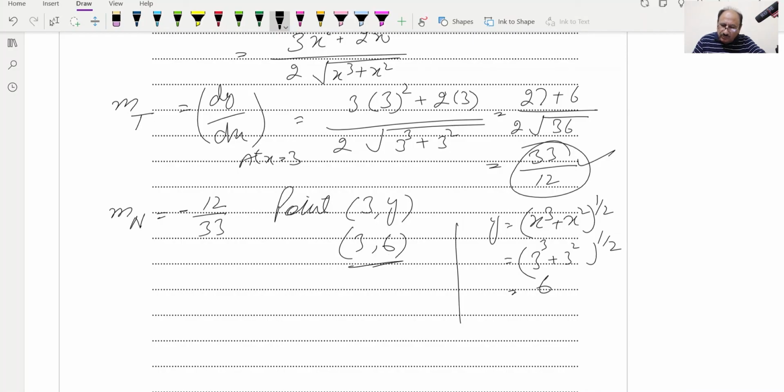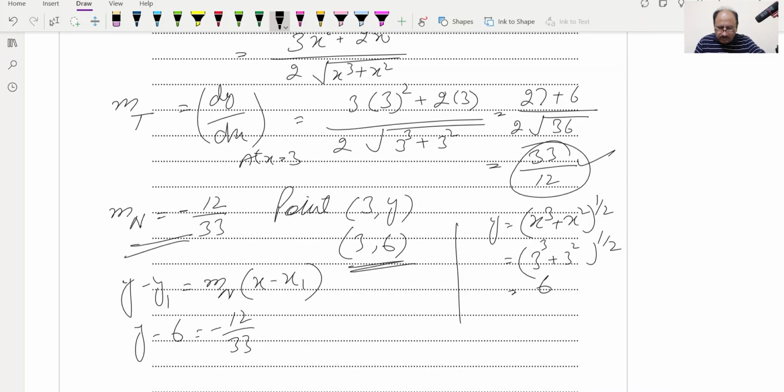We will be using this point and this gradient of the normal, and we'll write the equation of the normal. y minus y1 is equal to m of the normal into x minus x1, so this will be y minus 6 is equal to minus 12 over 33 into x minus 3.